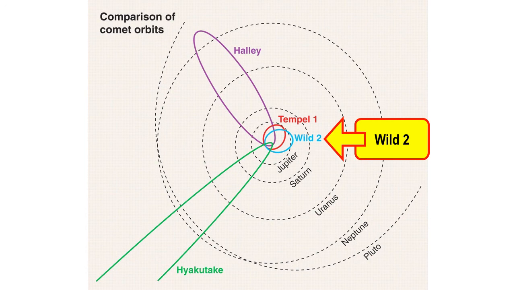And Tempel 1 as well. All right, now both of those come through the inner solar system all the time. And Wild 2 is the one that we're going to study carefully. These are what we call Jupiter family comets. So make a note of that. Wild 2 and Tempel 1 are Jupiter family comets.